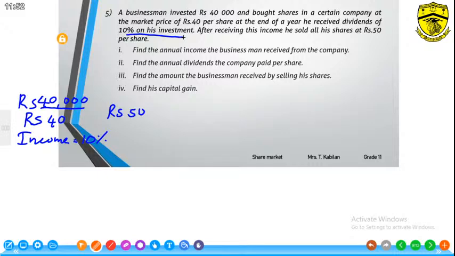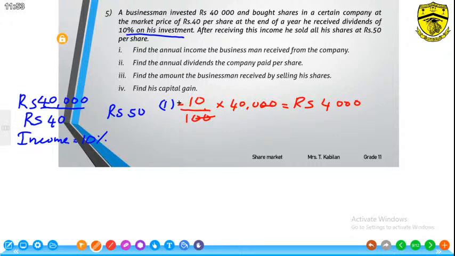That is 10% of the investment. 10% means 10 by 100, multiplied by the investment of rupees 40,000. Then the zeros cancel out, so 4 into 1,000. So 4,000 is the annual income of the businessman, right?